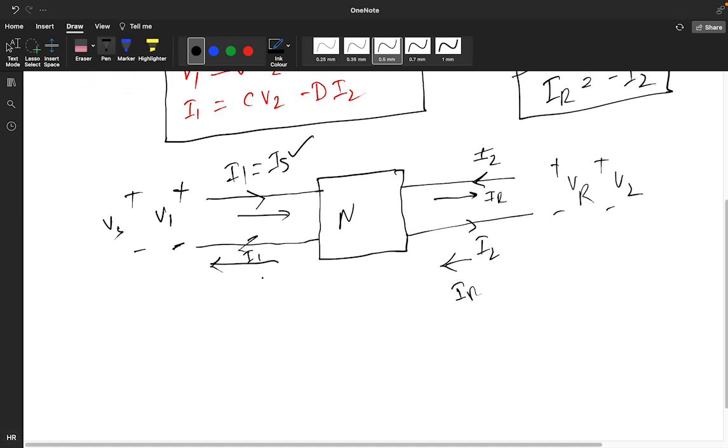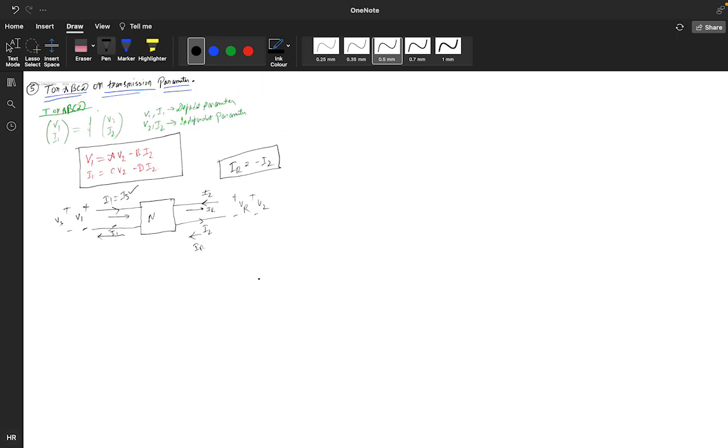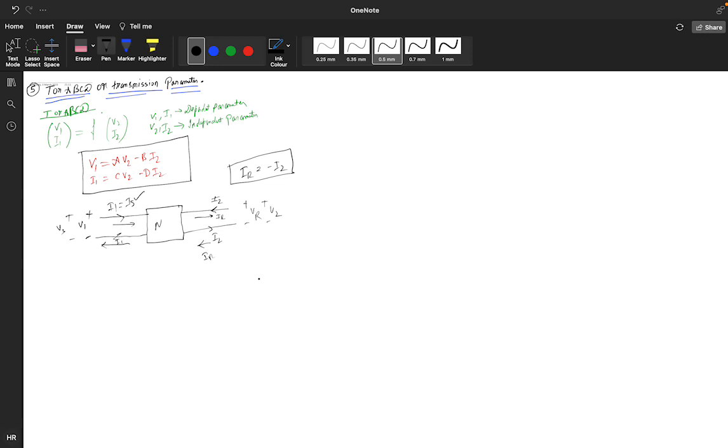So in a two-port network, see, your equation was V1 is equal to A V2 minus B I2, and I1 is equal to C V2 minus D I2. The same equation you can represent: V1 is nothing but VS. So VS is equal to A VR plus B IR, since instead of minus I2 you can write IR.